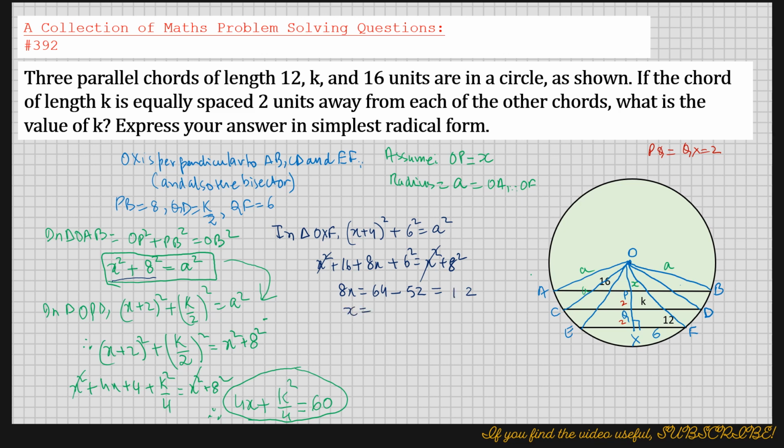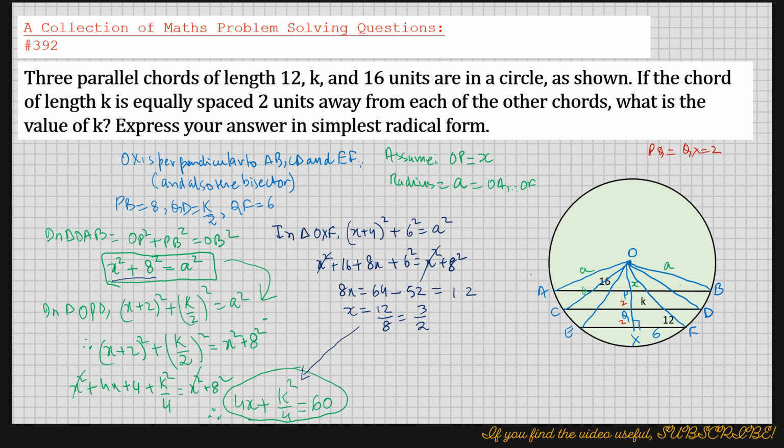So x equals 12 out of 8, that is 3 out of 2.